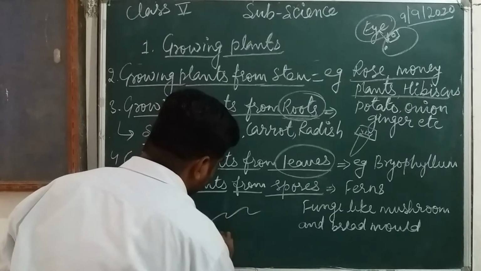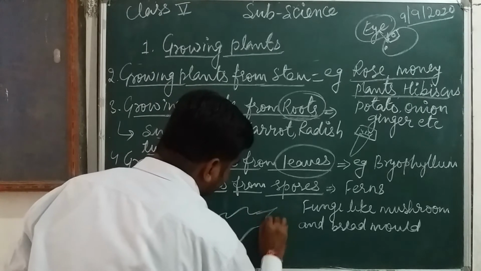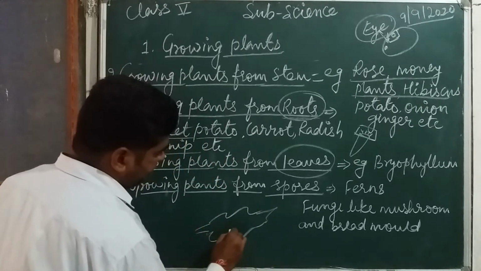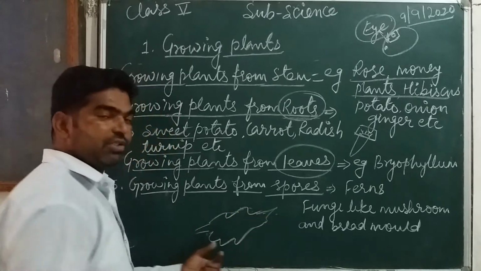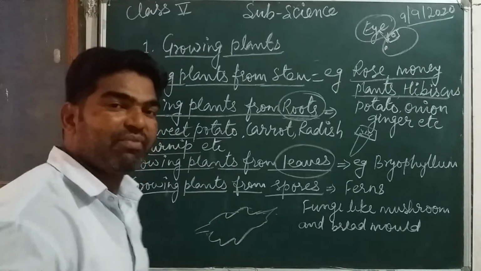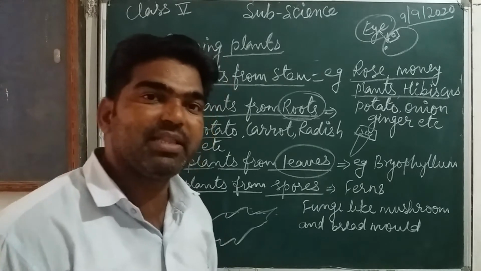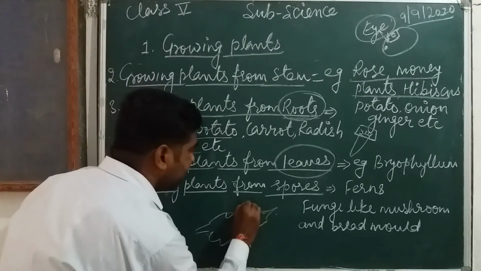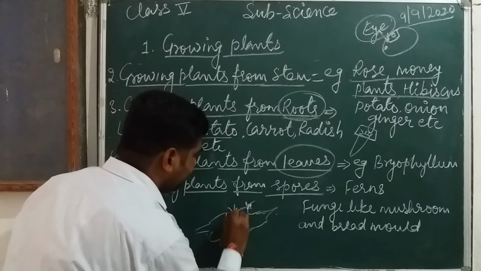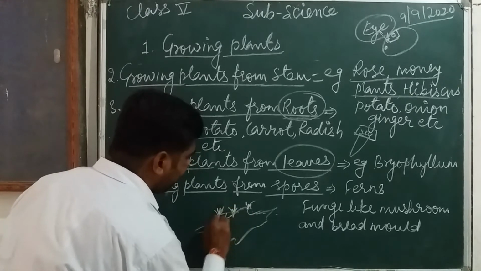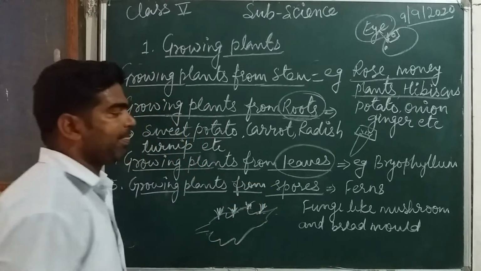This is the leaf of bryophyllum. So by getting favorable conditions, उसको जब favorable condition मिलेगी तब क्या होगा, it can grow into a new plant. यहाँ से ना उस लीव से नए प्लांट डेवलप होना स्टार्ट हो जाएगा.